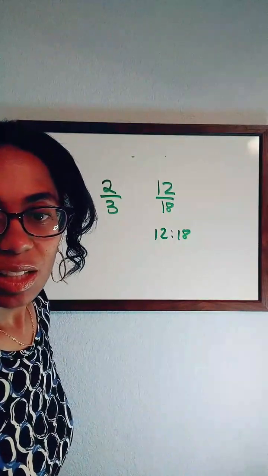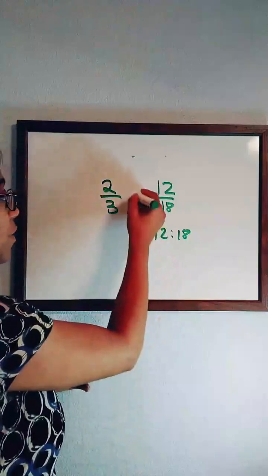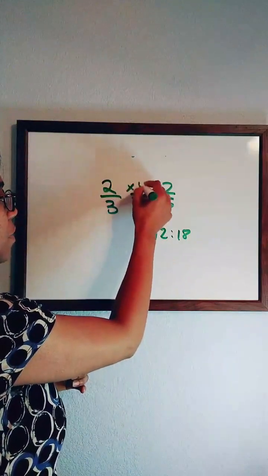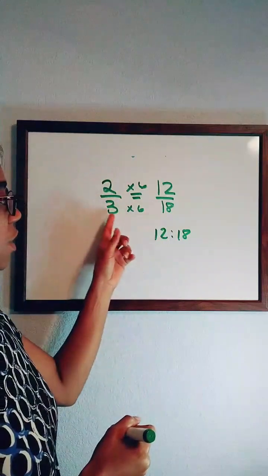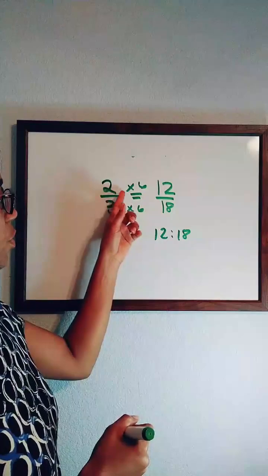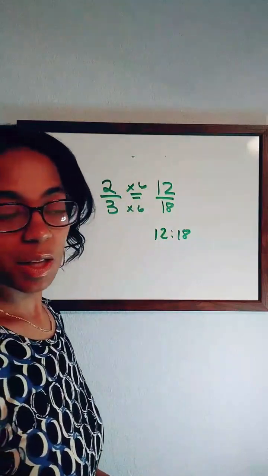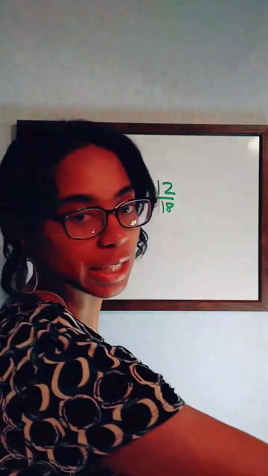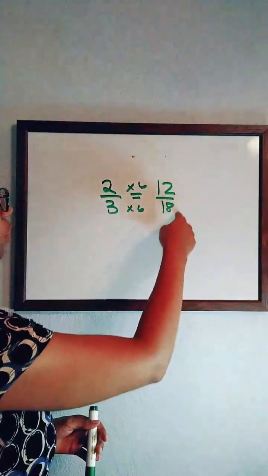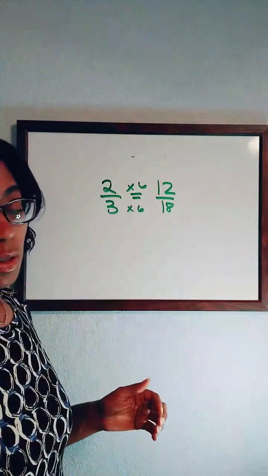A proportion, that's why I said it would have to be like this. So it would be times 6 and times 6. So that's a proportion because it's equal. I can do 3 times 6 and get 18, and I can do 2 times 6 and get 12. It means that it has to be true everywhere you look at it. So 4 to 6, 2 to 3, 4 to 6.